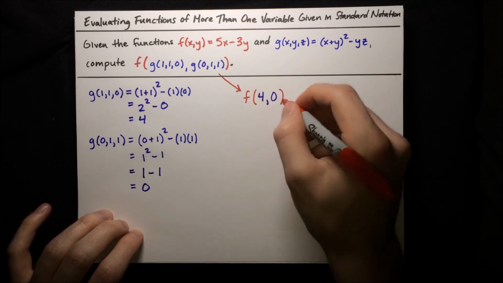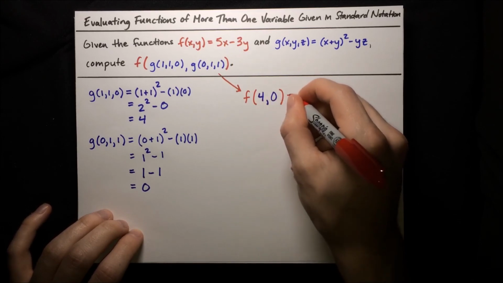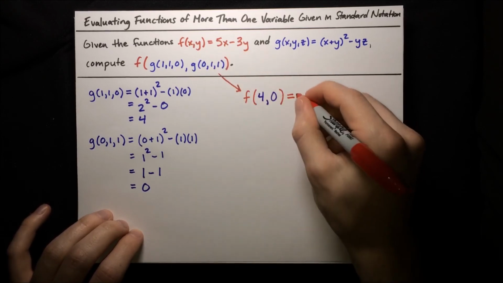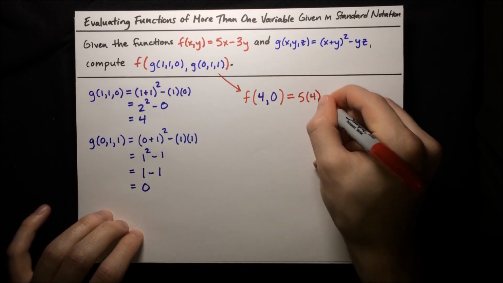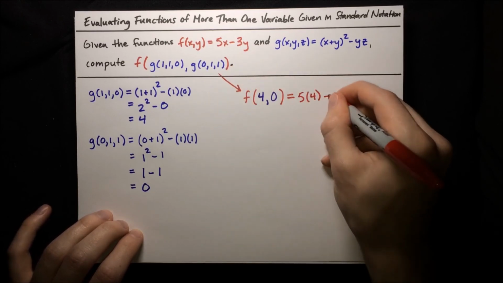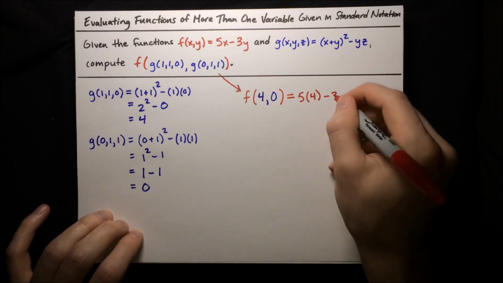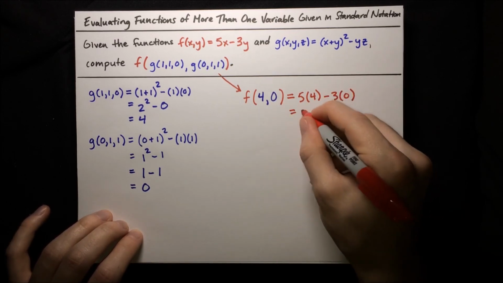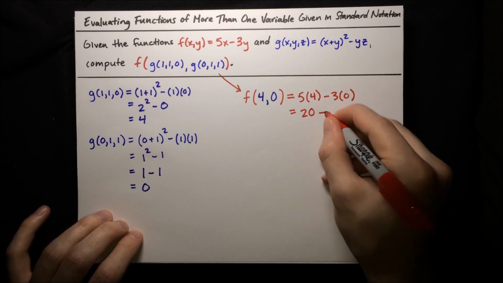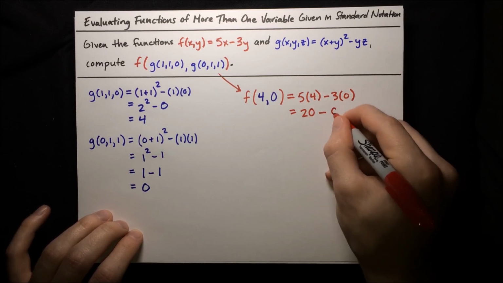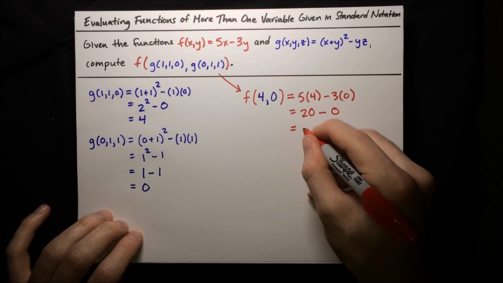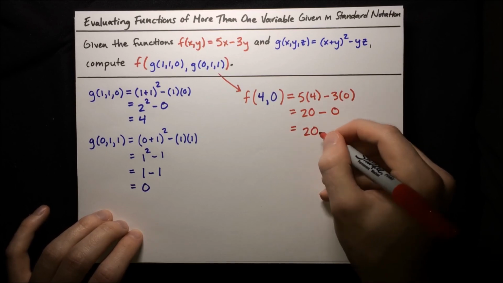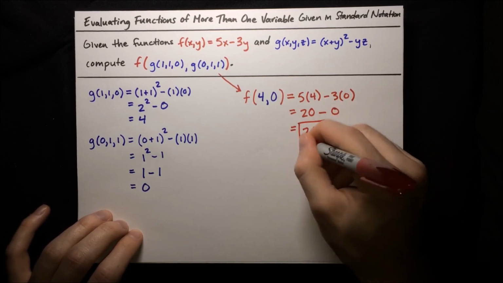So 4 goes in for x, so this is 5 times 4, and then minus 3 times y, in this case y is 0. Okay, and then we do that, and 5 times 4 is 20, and then minus 3 times 0 is 0, so just 20 minus 0, and that's just 20. And there we go, that's our final result.